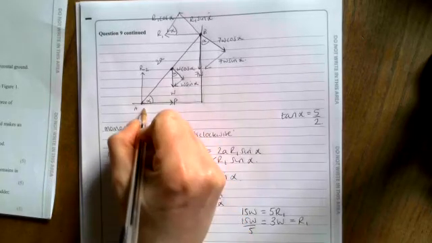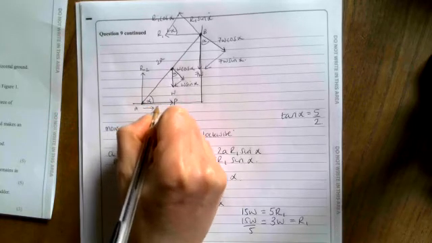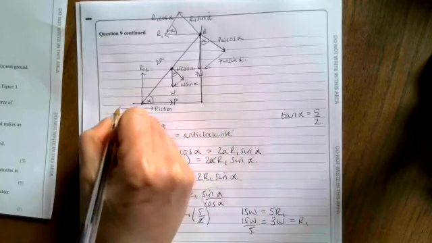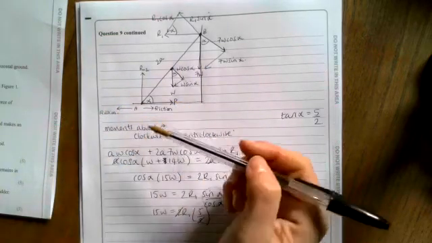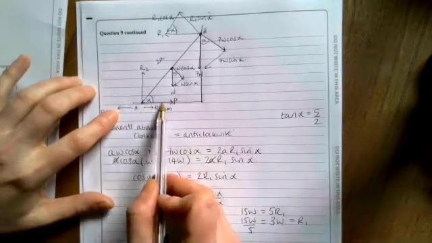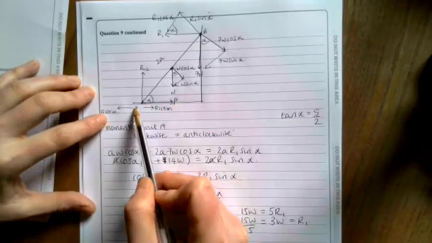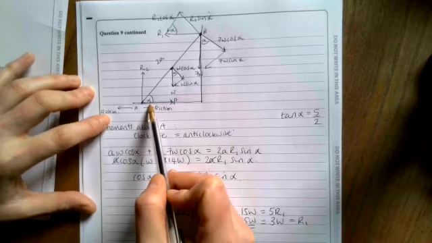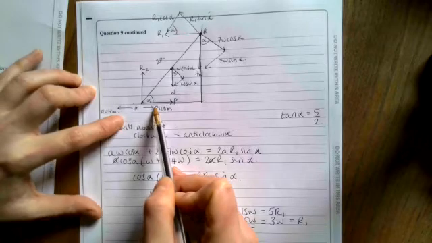So friction could either be acting in this direction, or it could be acting in this direction. It all depends on how hard this builder is pushing here. So if they're pushing really, really hard, then the friction is going to be acting in this direction against them. And if they're not pushing very hard at all, then the friction will be helping them out, helping keep the ladder in place.